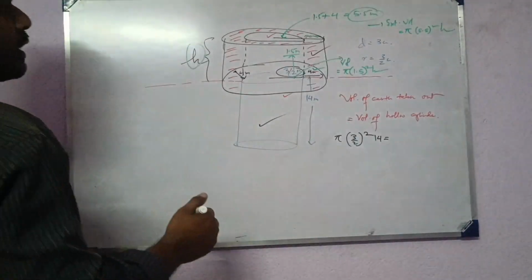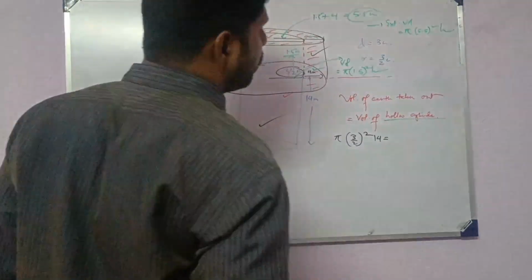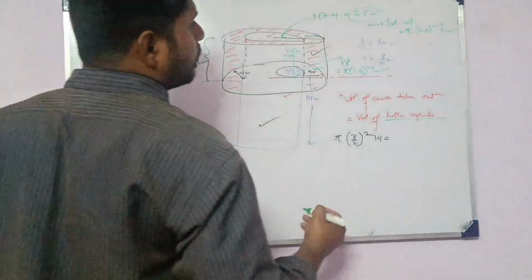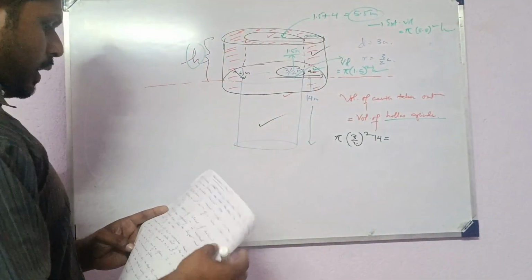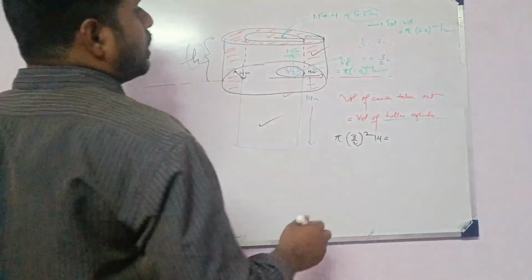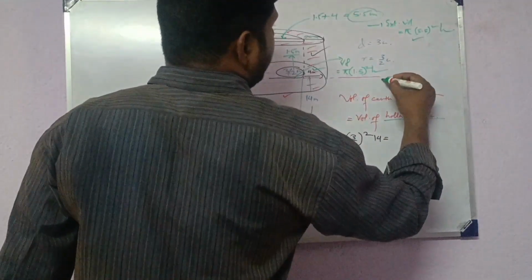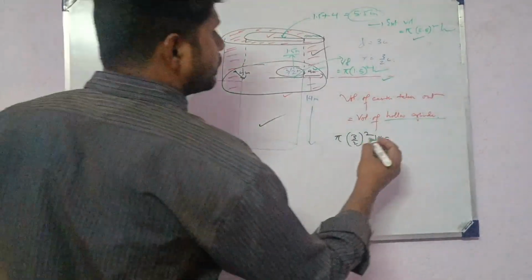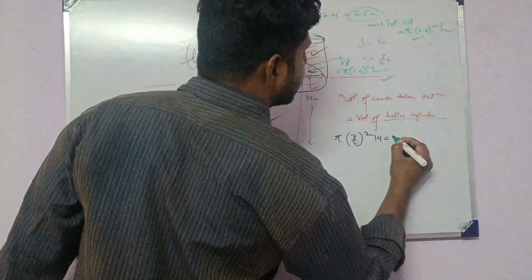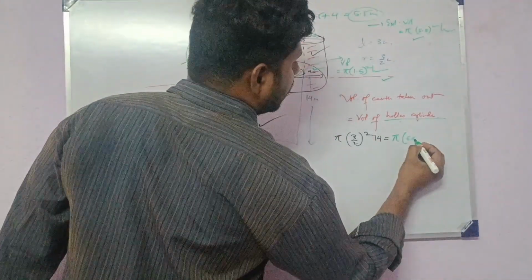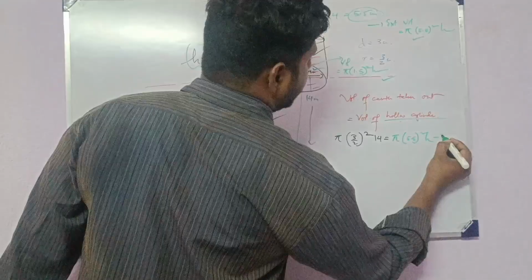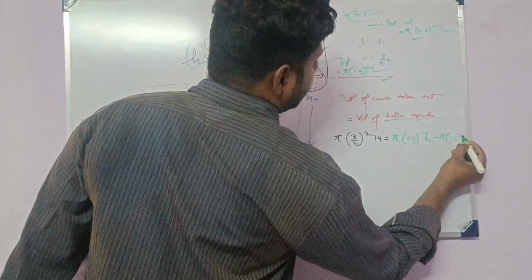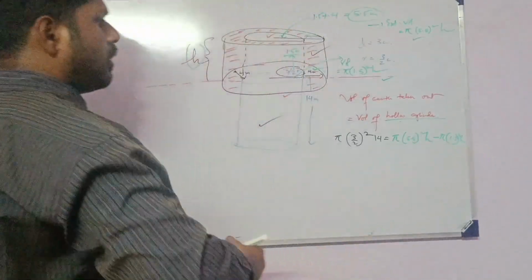So external minus internal, that gives the volume of the cylinder, as we saw in a previous sum, sum number 3. So the volume of hollow cylinder is external volume minus internal volume.